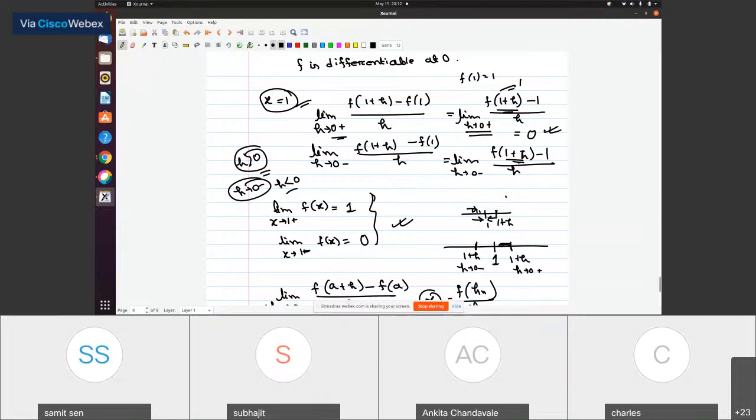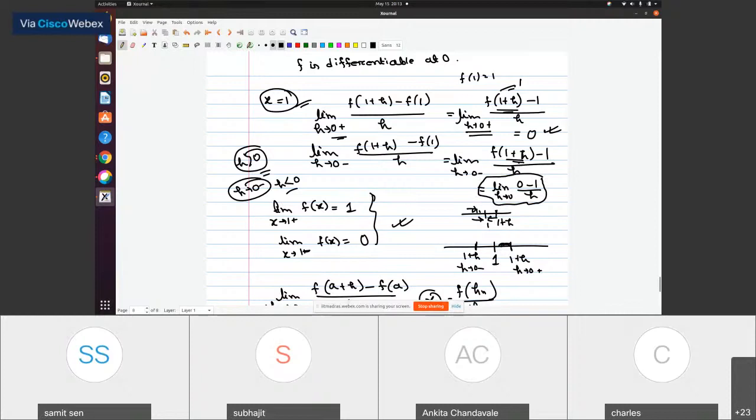So the limit is 0. Now if I am approaching from the left hand side of 1, what is f(1 plus h)? Sir, it will be 0. So it is 0 minus 1, 0 minus 1 by h, right?